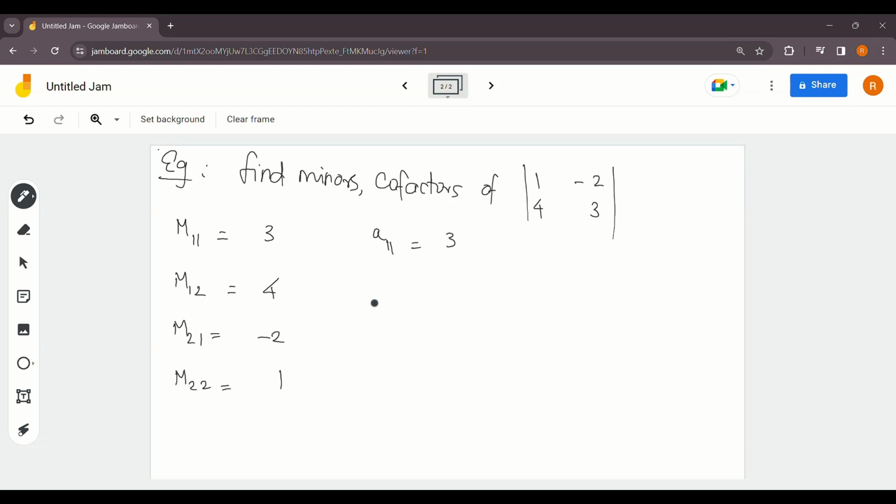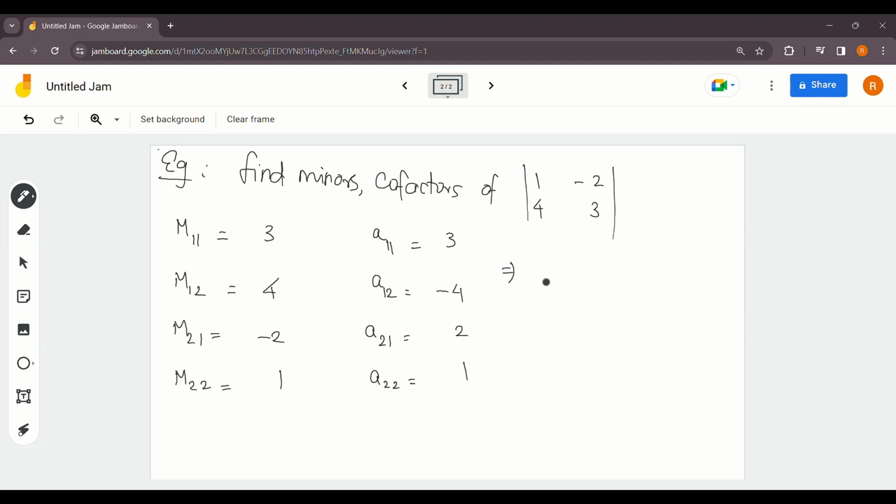Similarly, A12 is odd, so you put a minus and write minus 4. A21 is again odd, so you change the sign and write it as 2. A22 is even, so you write the minor value as it is. So these are the cofactors.